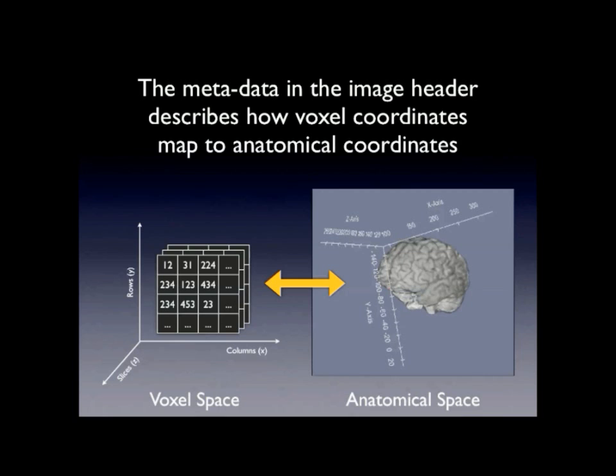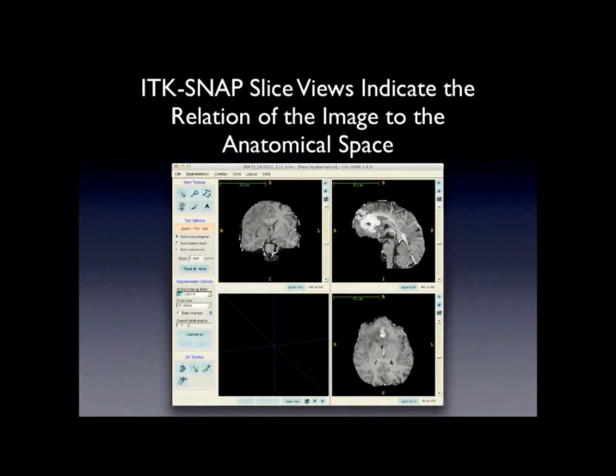And we have an anatomical space where the coordinates are related to the scanner coordinate system and to the patient who is inside of the scanner coordinate system. And the views in ITK-SNAP include some of this information about how the image fits into the anatomical space. So there are two pieces of information that you see. There are these rulers.